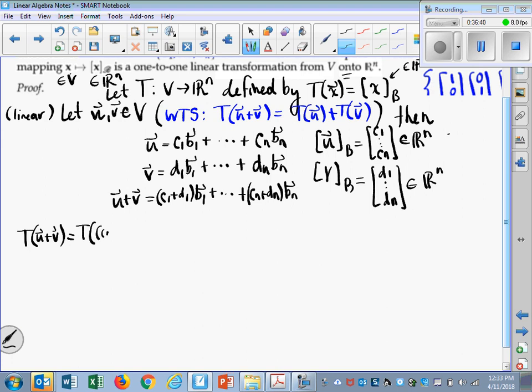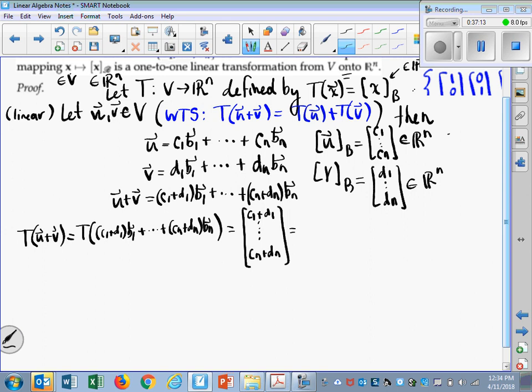Well, what does T do? Remember what T does up here. T just maps the vector to the B coordinates. So this is c1 plus d1 all the way through cn plus dn. This is the B coordinates of the sum of the two vectors. Well, then we can split this up. So this is c1 through cn plus d1 through dn.